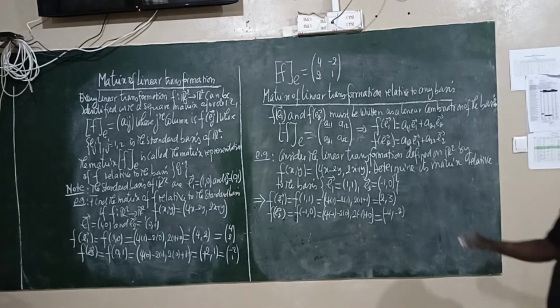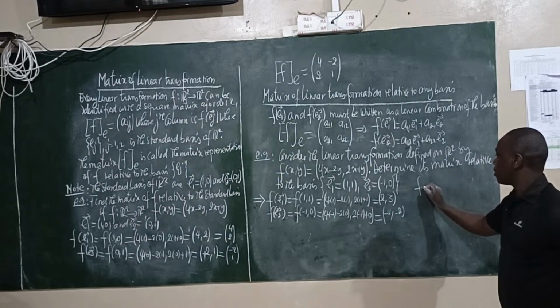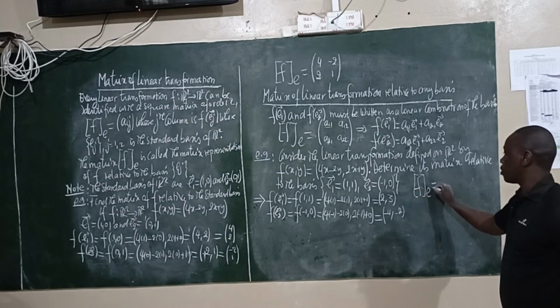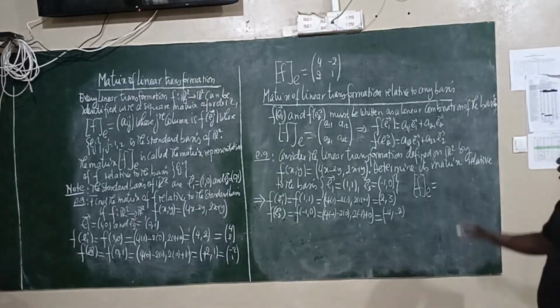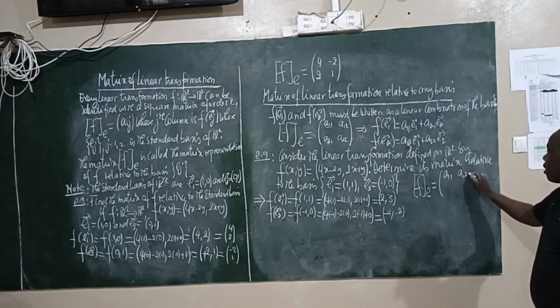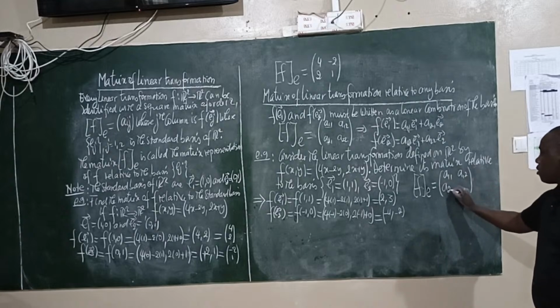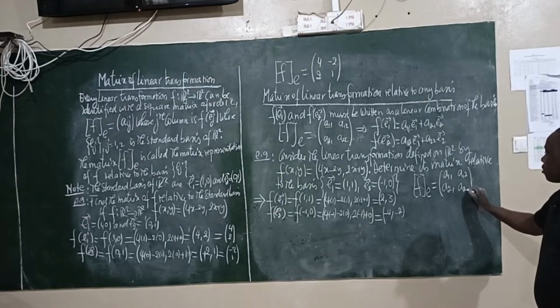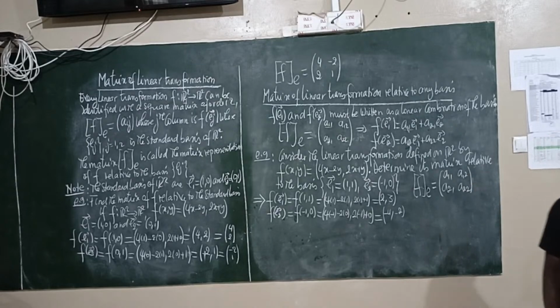As I told you, we need the matrix representation of f relative to the bases. We need it to be like a11, a12, a21, a22. Okay?